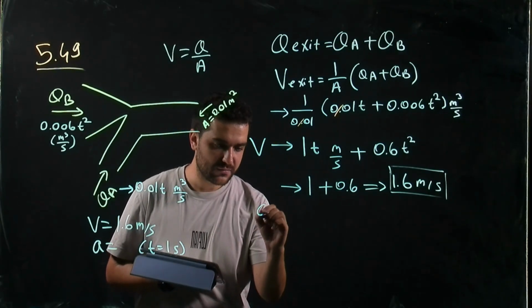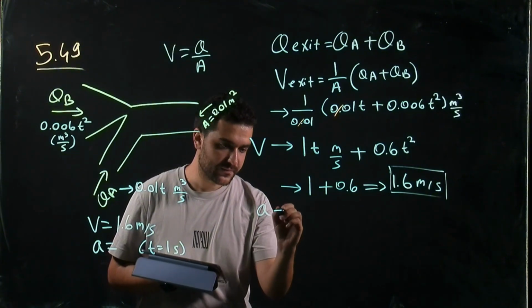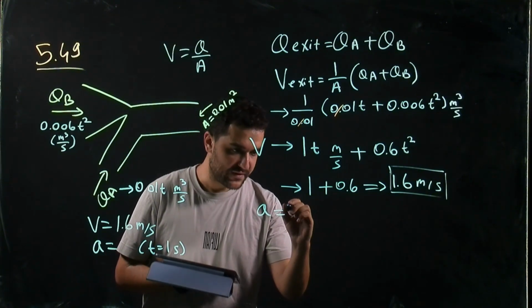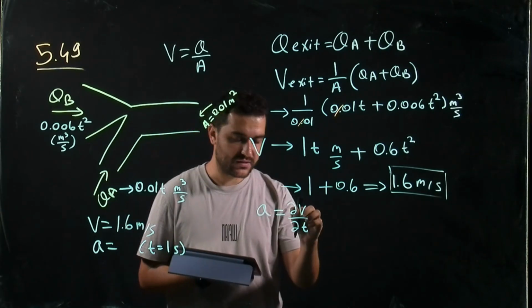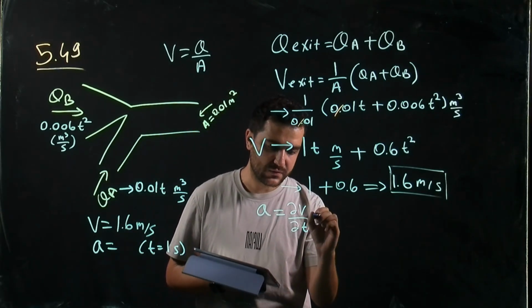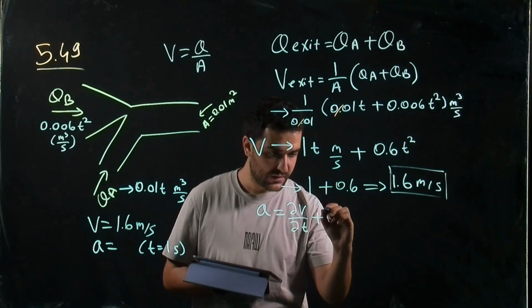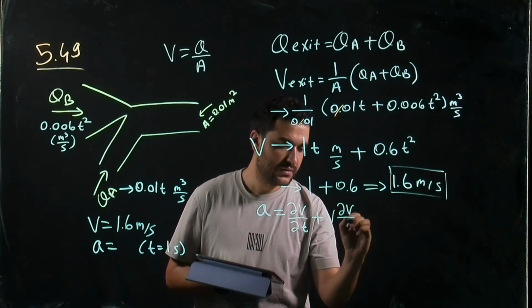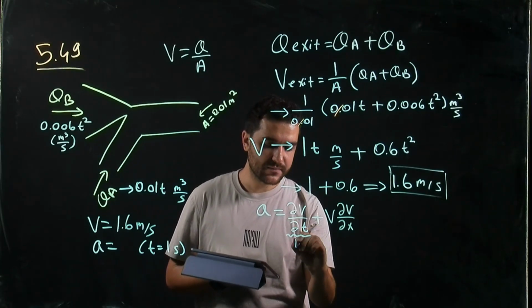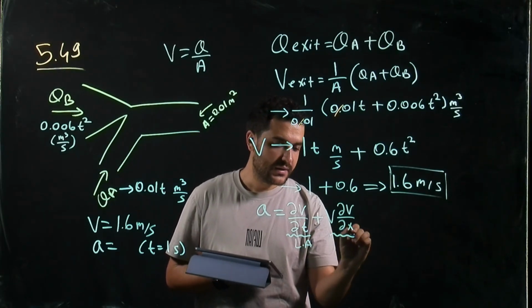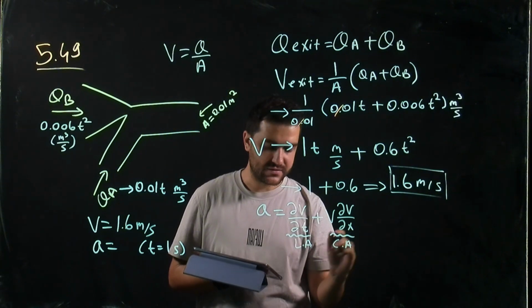If you remember from last week's homeworks, we were calculating acceleration like the partial derivative of v over t plus, and this was the local acceleration, and this was the convective acceleration.